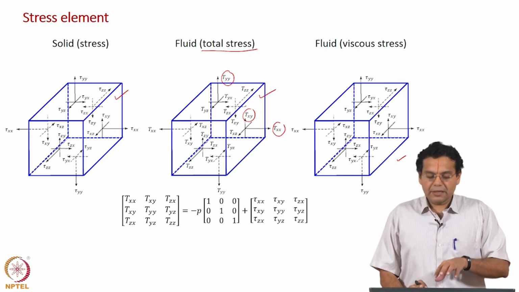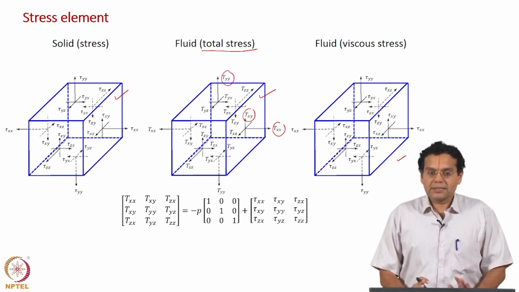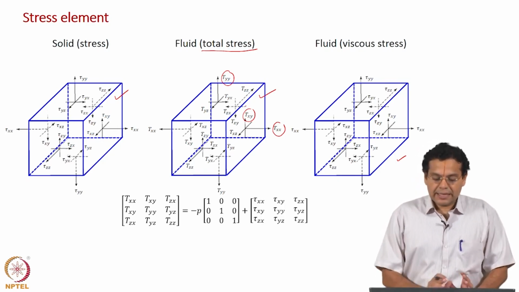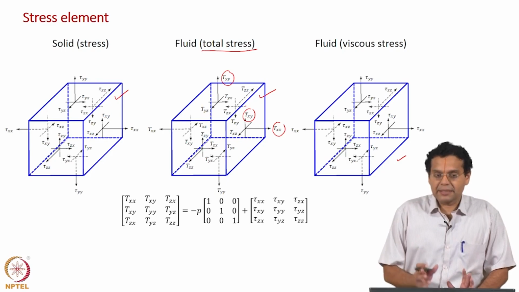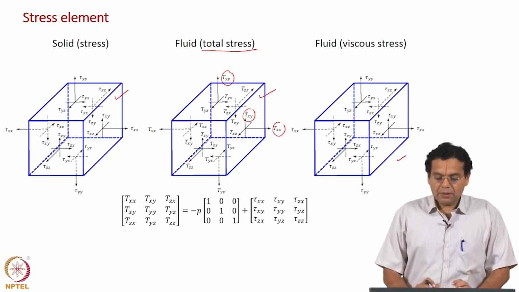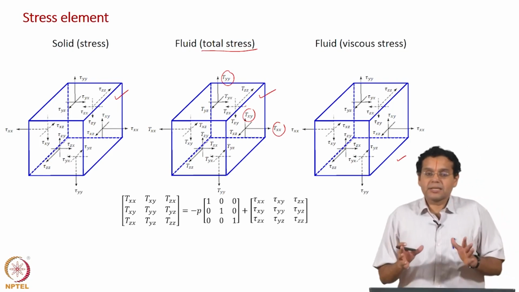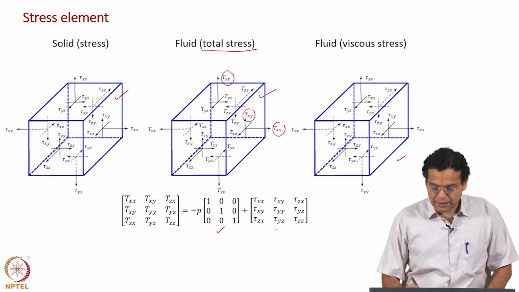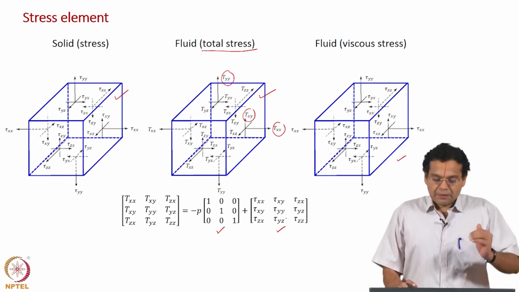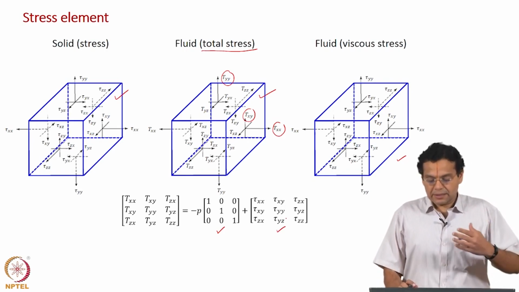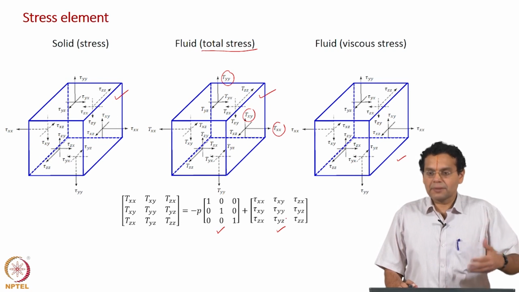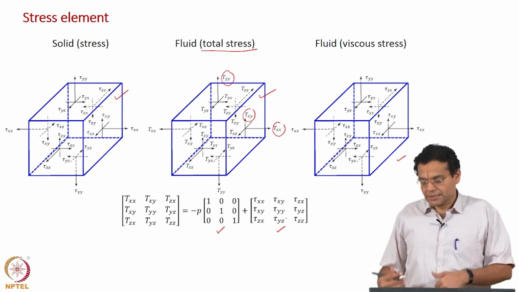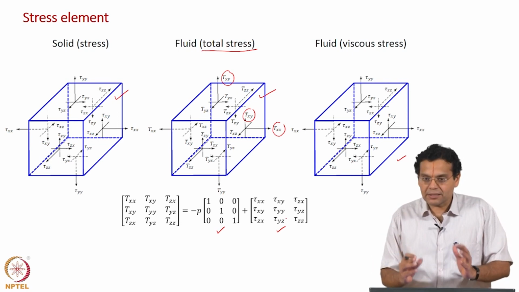The middle figure represents the total stress tensor in a fluid, and hence we represented it using capital T as nomenclature. Now, we have discussed that the total stress tensor has 2 components, the hydrostatic component and the viscous stress component. We already represented the hydrostatic component in terms of a stress element in the previous slide.